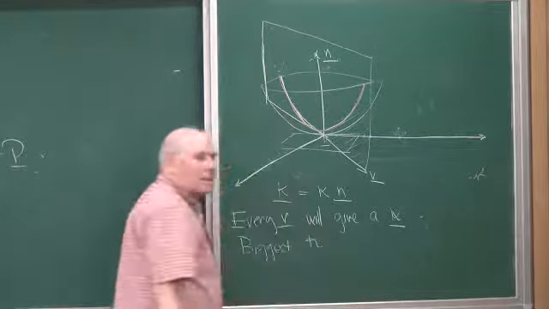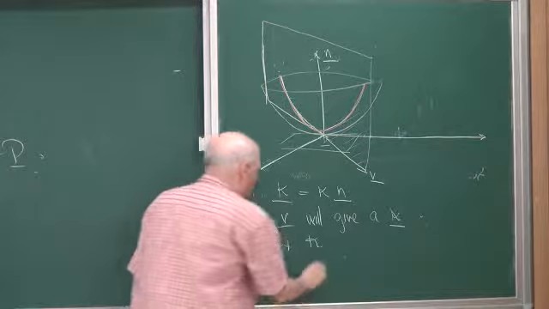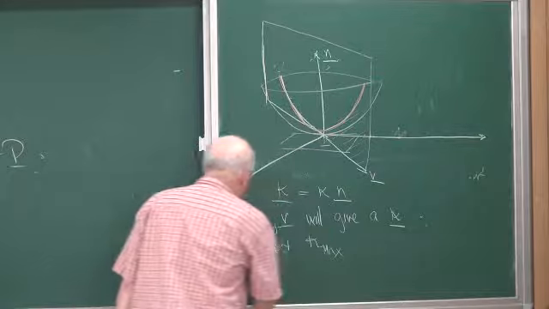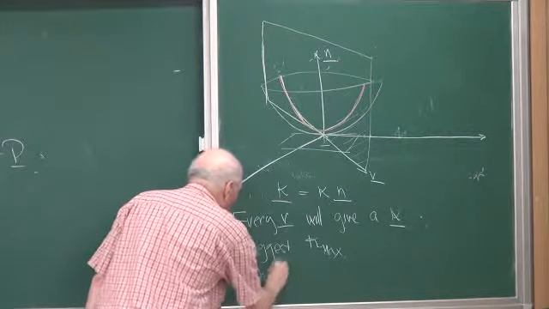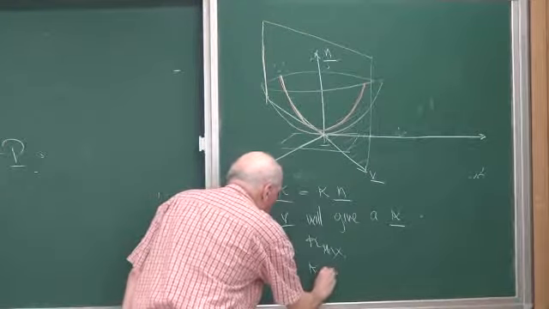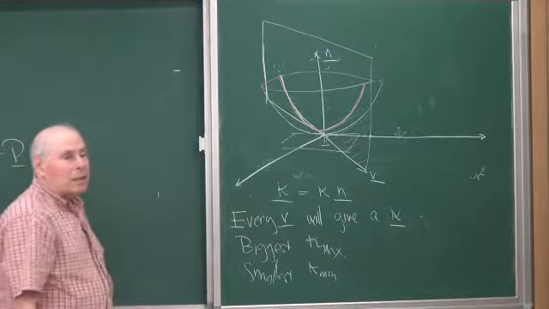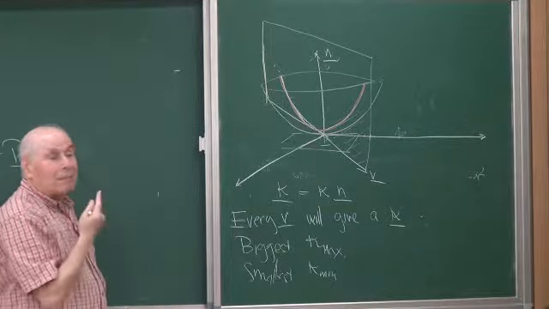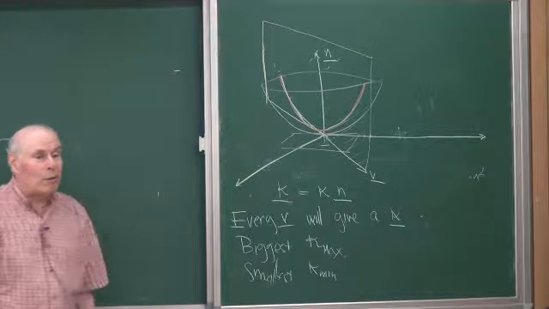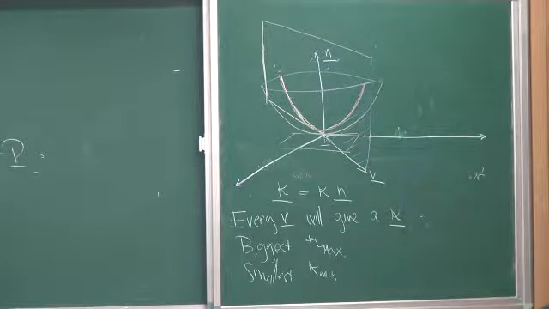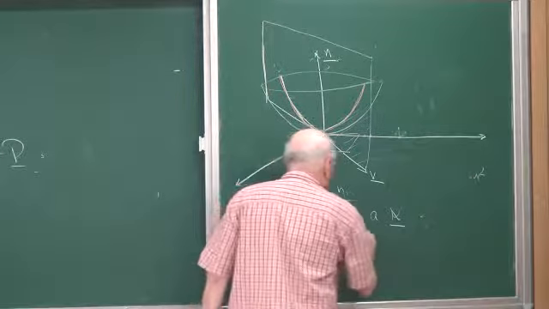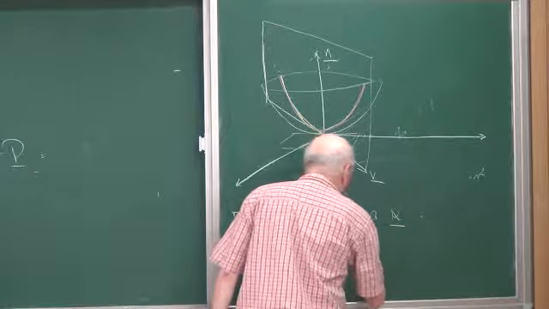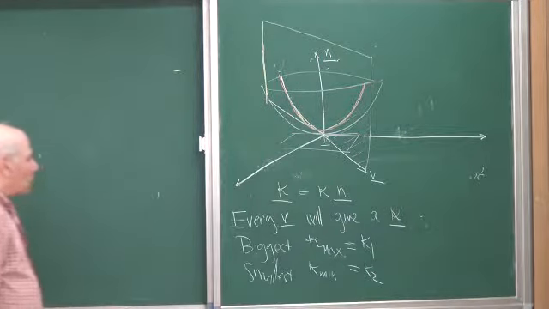Let's take the biggest one, call it max, and the smallest, min. By taking the extremal, now I have something that's very well defined, independent of V, because I took the extremum over all V's. Call one K1 and the other K2.